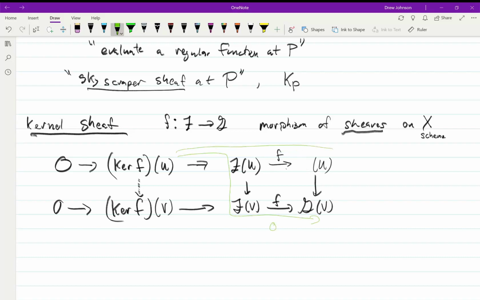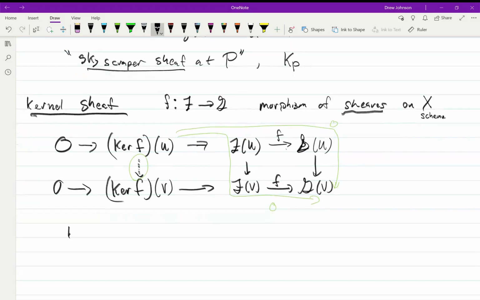Because it's the same as this composition here, which has to be 0 because it goes through the kernel. And so if you have a map from F(V) to G(V) and the composition is 0, then it has to factor through the kernel. That's the universal property of the kernel. Okay, so that's good. So far what we've done is show that the kernel is a pre-sheaf.